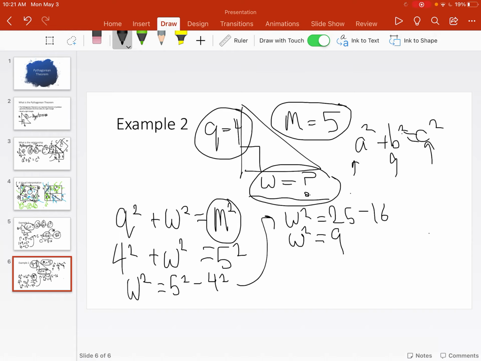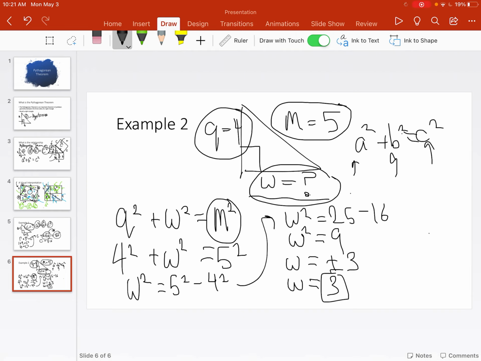What's 25 minus 16? It's 9. That's W squared. So take the square root on both sides. You got W is equal to plus or minus 3, but we need to take the positive value since we're looking for a length. Therefore, W is equal to 3.